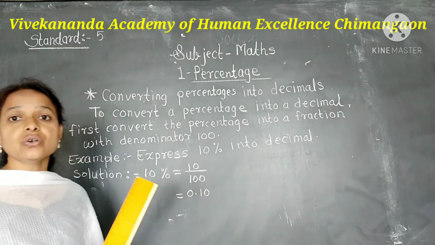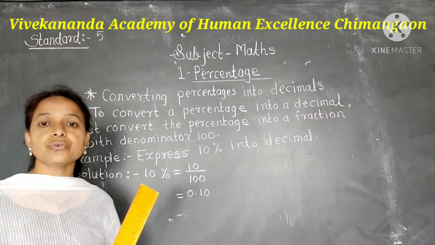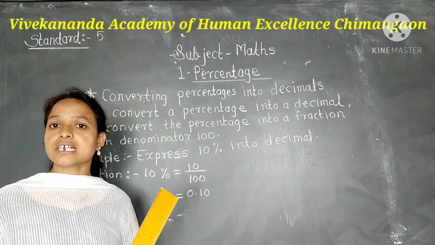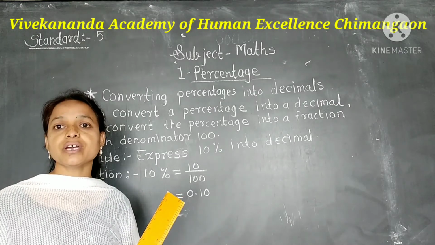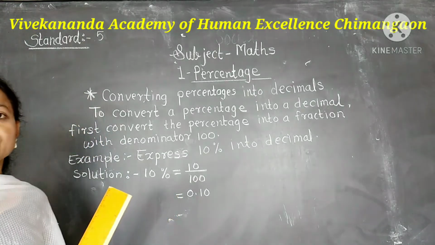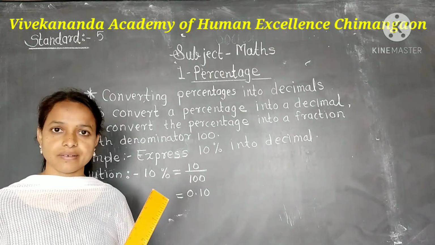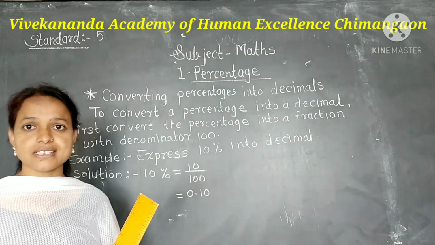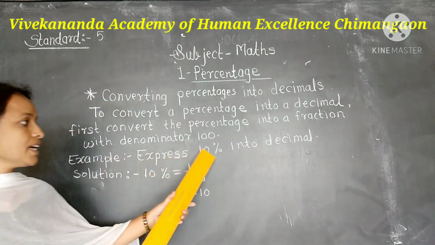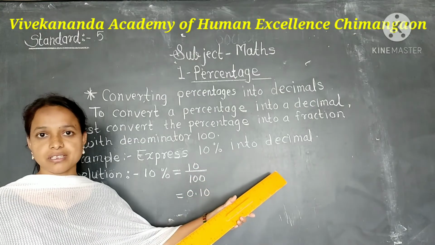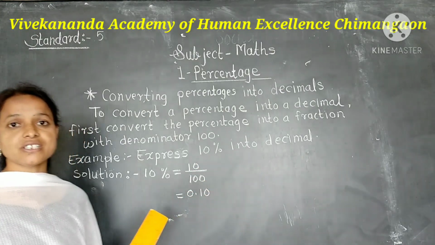See student again, to convert a percentage into decimal, first convert the percentage into a fraction with denominator 100. So we will see its example. Express 10% as a decimal. Okay, so we will see its solution.